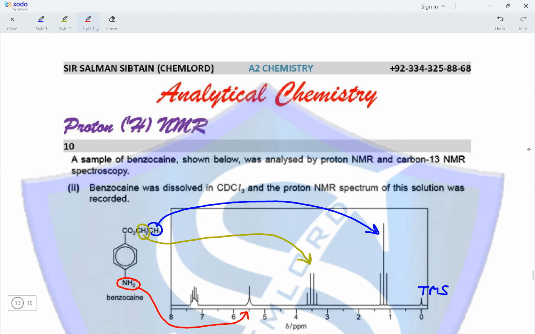And then we've got a multiplet in the range of 7 to 7.5 that corresponds to the aromatic ring, because the aromatic ring has a multiplet and it corresponds to the four protons present in that aromatic ring, because we have two substitutions present on it. So we have identified which peak corresponds to which part of our benzocaine molecule.